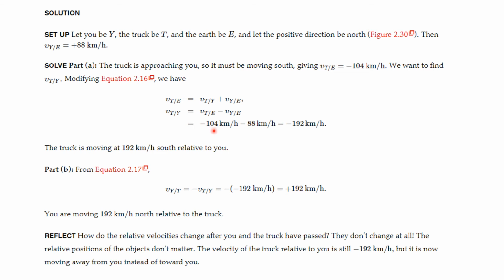Your velocity relative to the expressway is 88, he's going at 104, and together it is 192 kilometers per hour. That means the truck is moving at a rate of 192 kilometers per hour south relative to you. Now, if you do the other kind of thing, you are moving 192 kilometers per hour, but that is north relative to the truck. So you see, relative motion is an important consideration.